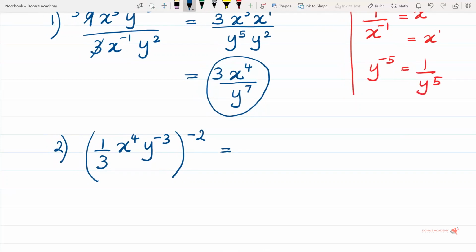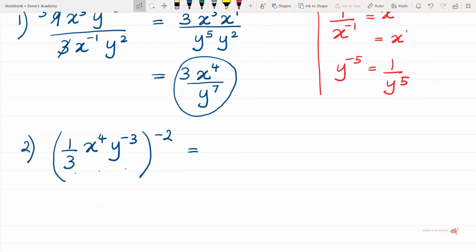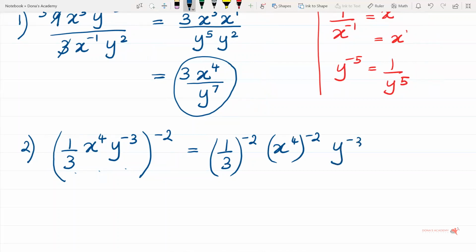And we see a product of three things. So we can use another rule, like if you remember, we had the (ab) to the power n rule. We can apply that one too. If I apply that, I get this thing: 1/3 to the power -2, x^4 to the power -2, y^-3 to the power -2.